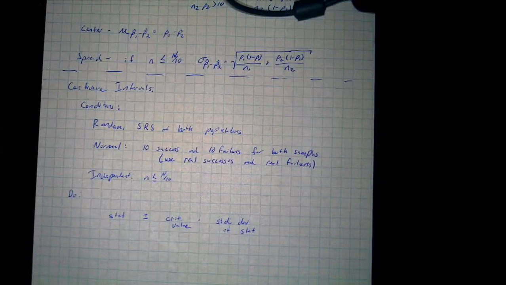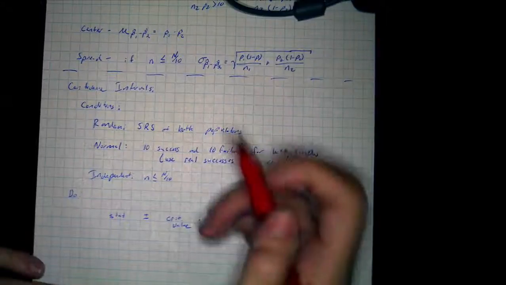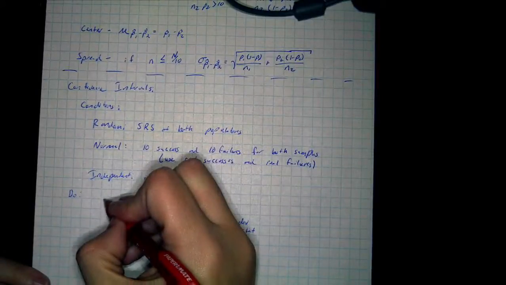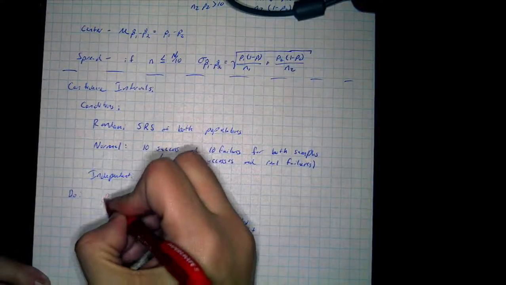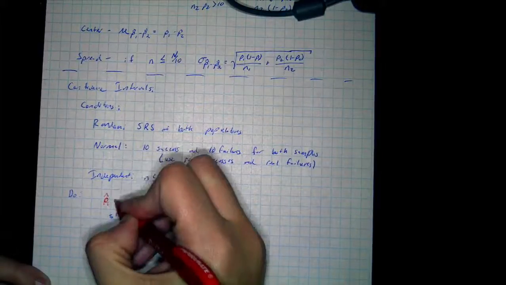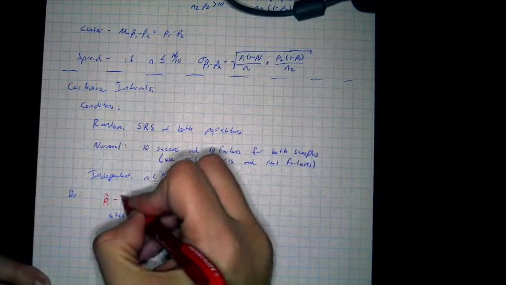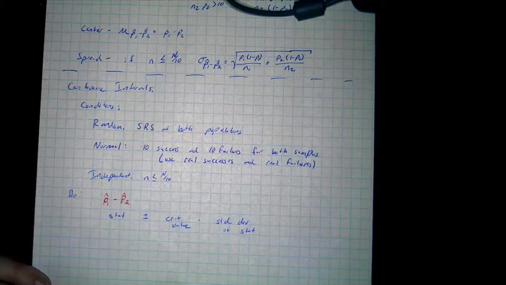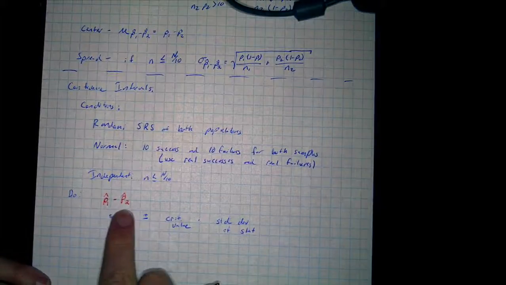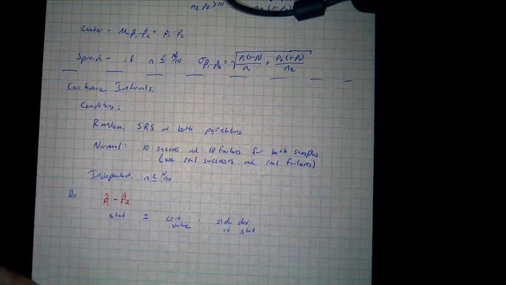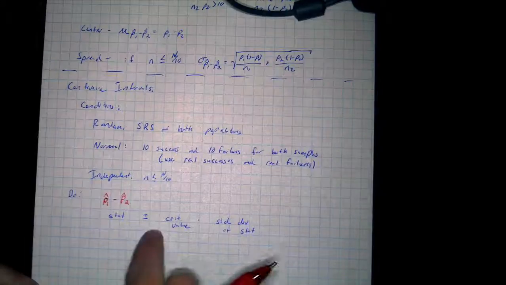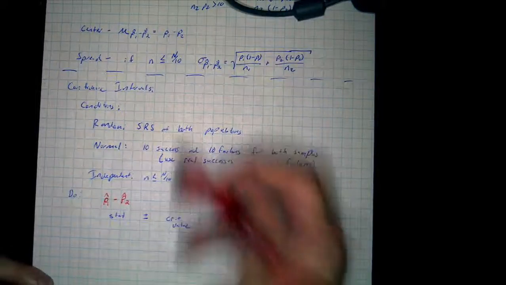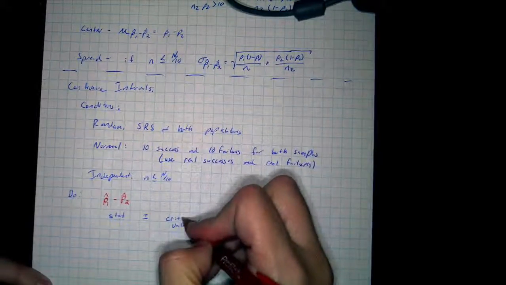The first one will be on p-hats, if you just have your p-hats. So it'll be p-hat 1 minus p-hat 2, because this is your statistic, the difference in the proportions. Plus or minus. Now, with p's, we talk about what letter, z's or t's?